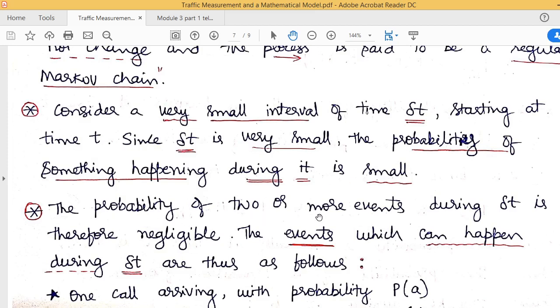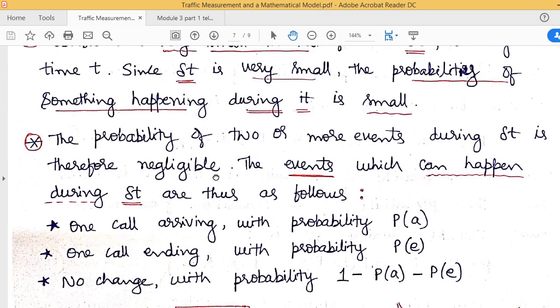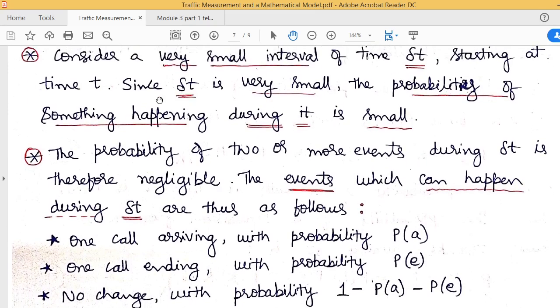So the probability of 2 or more events during delta t is therefore negligible. So we will assume no 2 or more events are going to occur within this delta time. Of course, one event is acceptable.